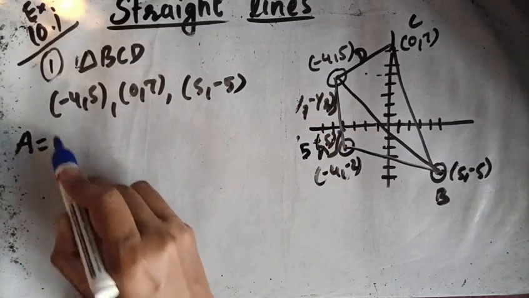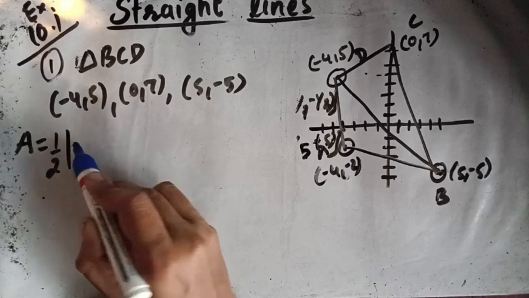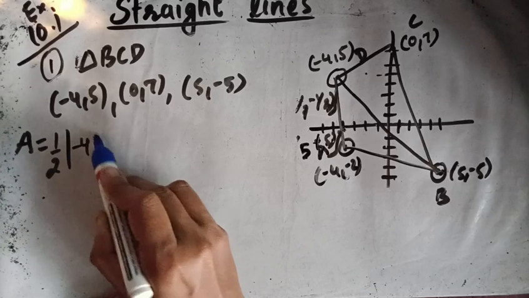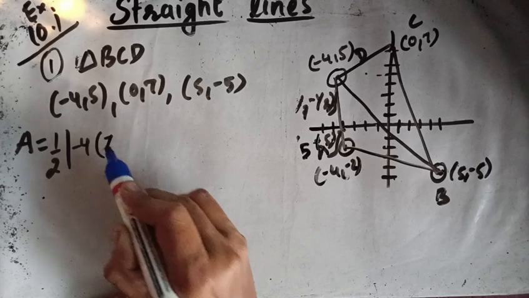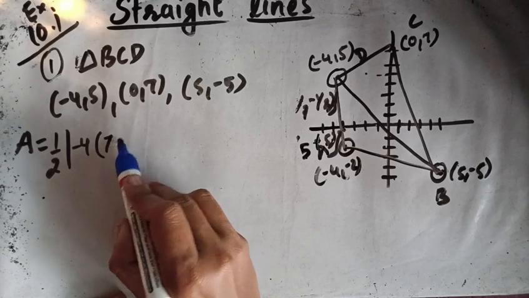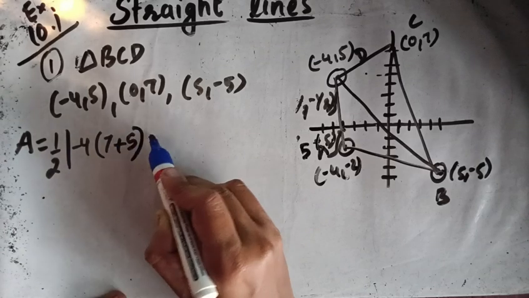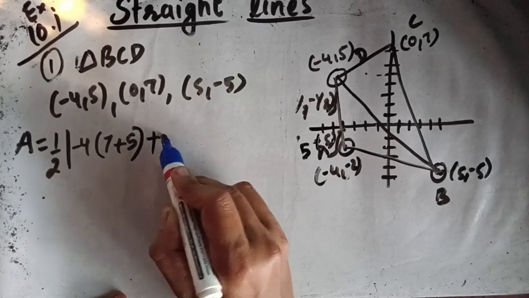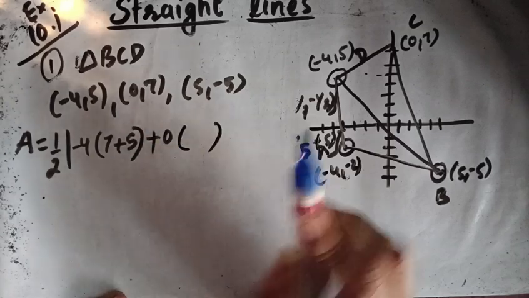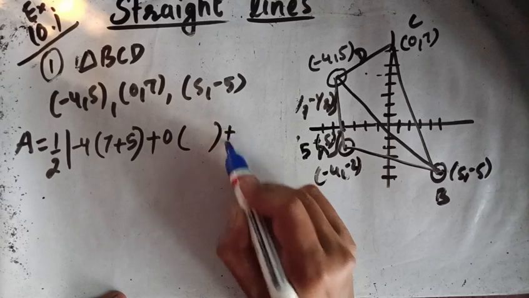So the area is half of x1, y2 minus y3, x2, this whole thing is 0.